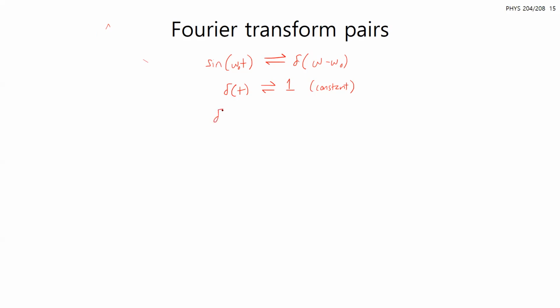If we have a delta function that's shifted slightly, that's going to be a slight phase shift with that constant. And I'm just going to write these out. If you have multiple delta functions at a given time shifted away from each other, that's kind of like what we're talking about with the sine here. That'll be like a cosine, depending where you're at.